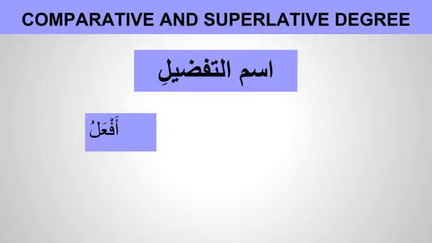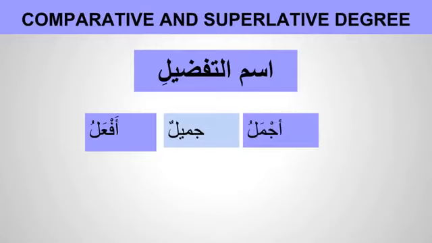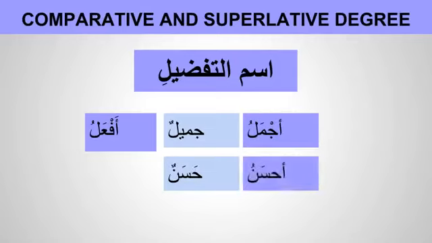That's the pattern for comparative and superlative degree. For example, Jamilun in this pattern becomes Ajmalu, and Hasanun becomes Ahsanu. For any noun, it will have this pattern.